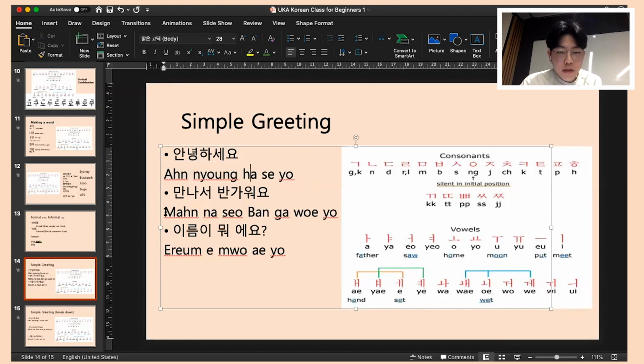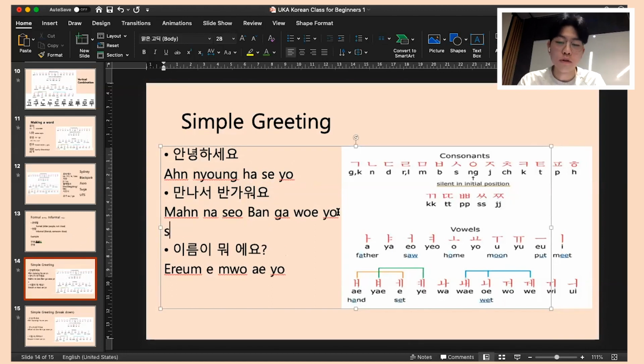And the second sentence, 만나서 반가워요. I think it might take a little bit of time for you to just use this and make the English sentence. But yeah, 만나서 반가워요.